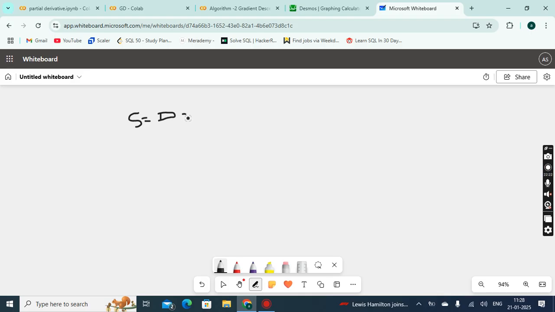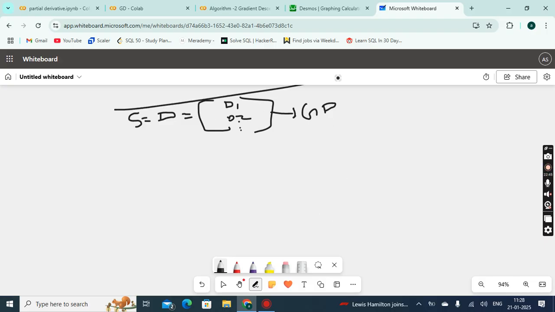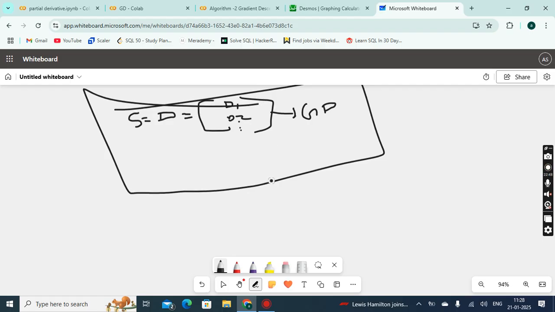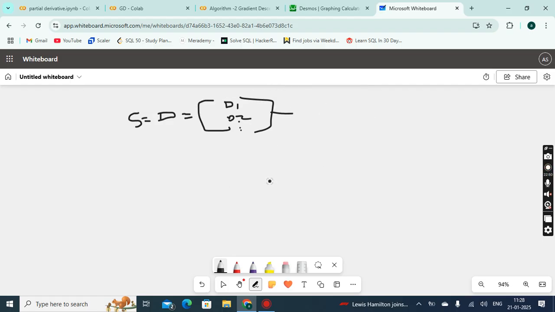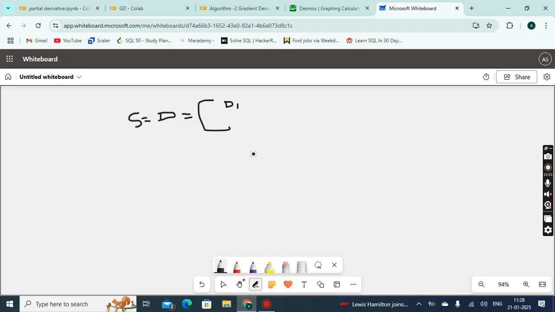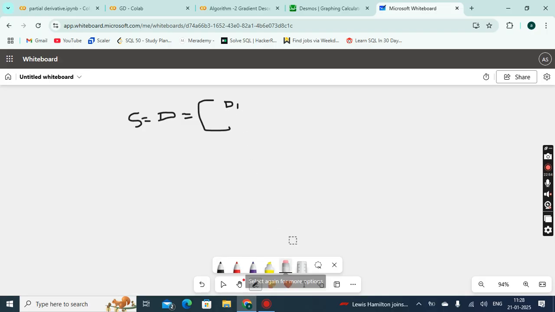And when you have a collection of derivatives, like let's say you have d1, d2, and you go to the nth derivative, the collection of derivatives is known as gradient descent. So I hope now you are aware of what gradient descent is. Let's understand it one by one.